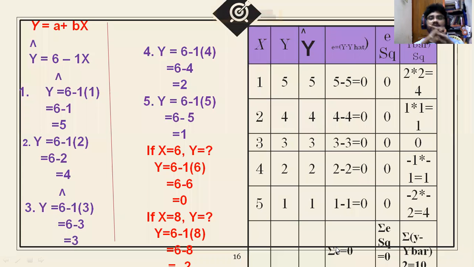For example, sometimes I may ask a student how many marks they are going to get. You may say 80 out of 100. If you get 80 marks, you are a good estimator, because whatever you estimated, you got the same marks. The estimated value is equal to the actual value.